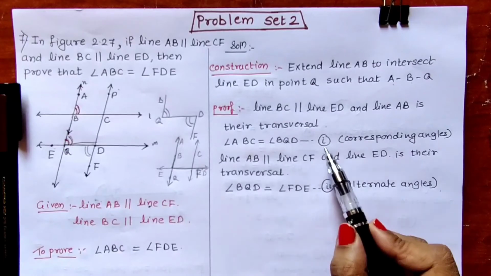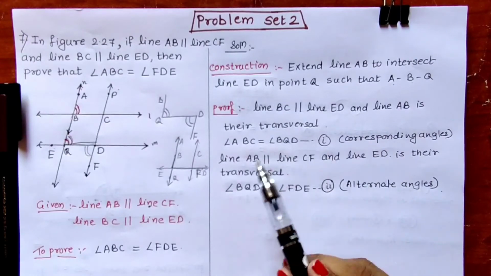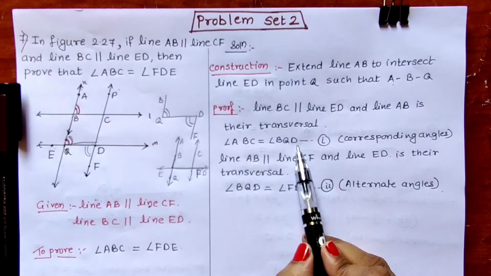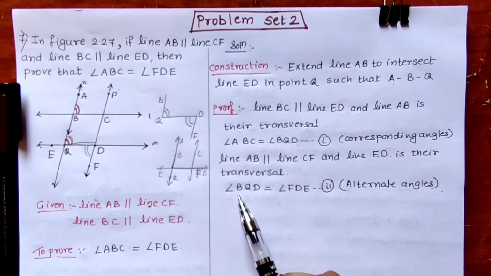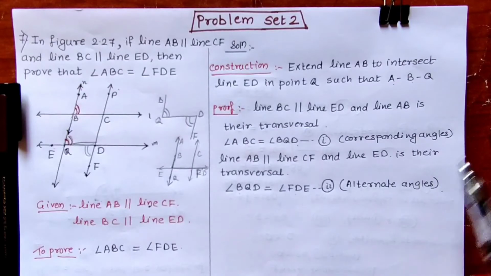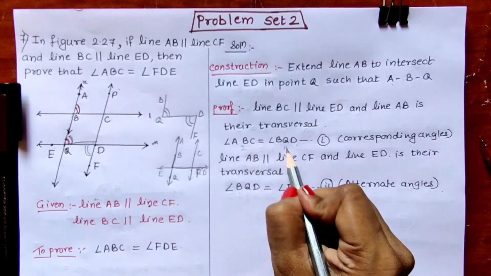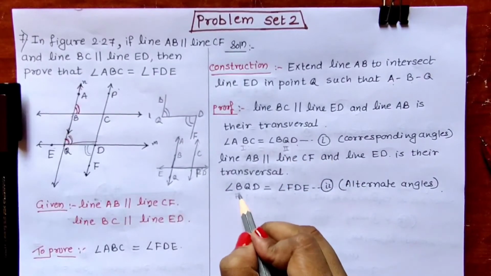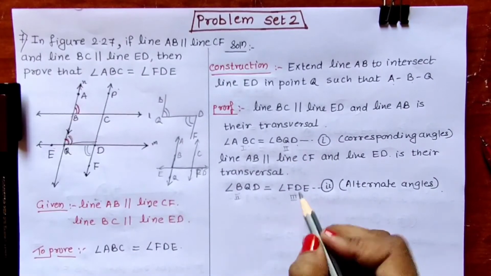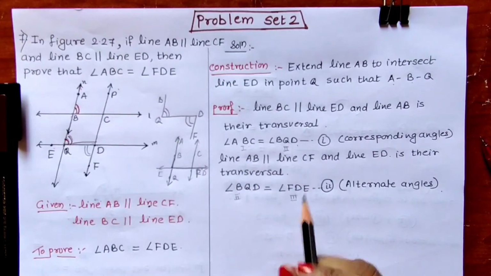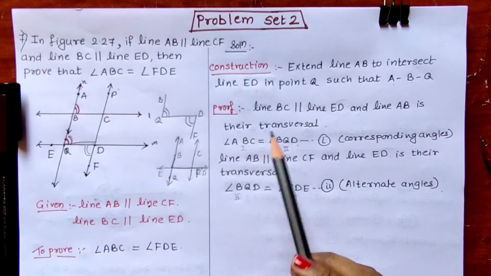Now observe this first and second statement. In first statement we have proved that angle ABC is congruent with angle BQD. In second statement we have proved that angle BQD is congruent with angle FDE. That means first angle is congruent with second angle and second angle is congruent with third angle. So automatically first angle will be congruent with third angle. This is known as transitivity.